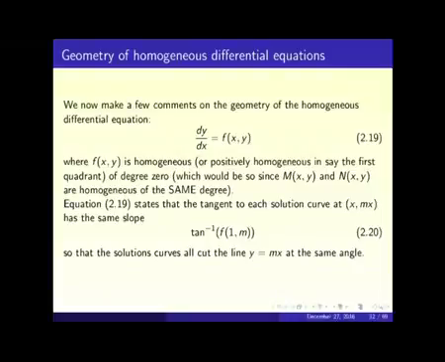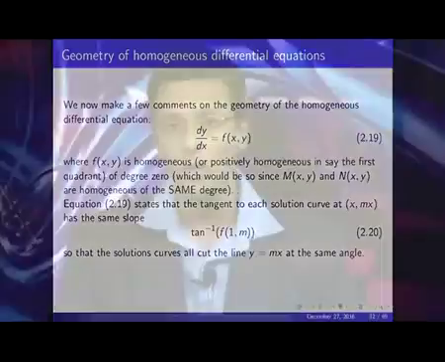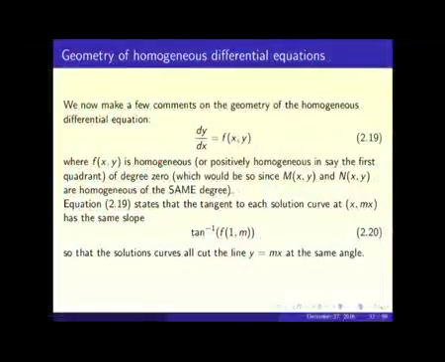Let us see what the differential equation 2.19 is saying geometrically. Take a point (x, mx). Take a solution curve of the differential equation and take the line y equal to mx passing through the origin, and this line will intersect the solution curve at the point (x, mx).